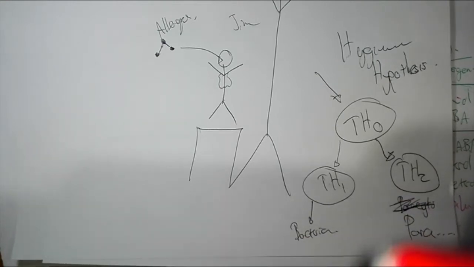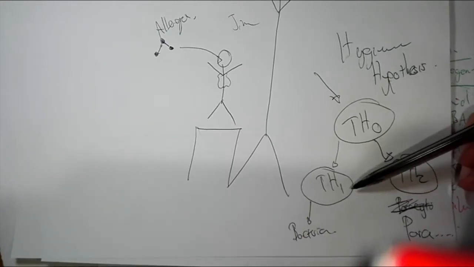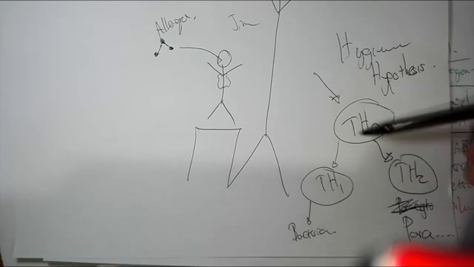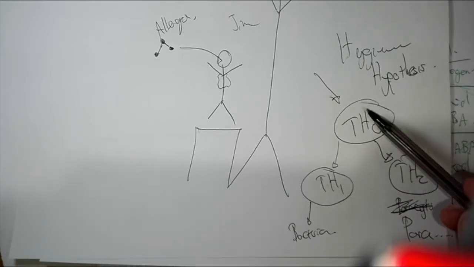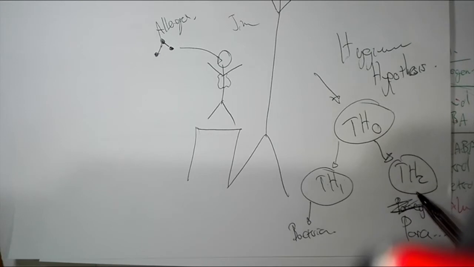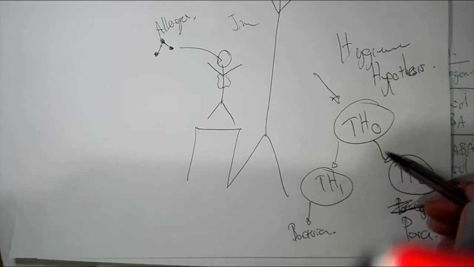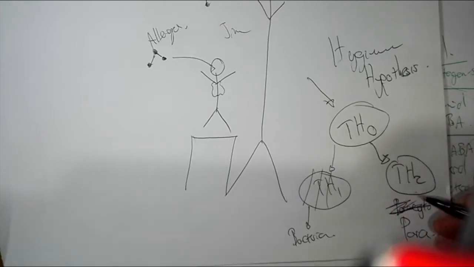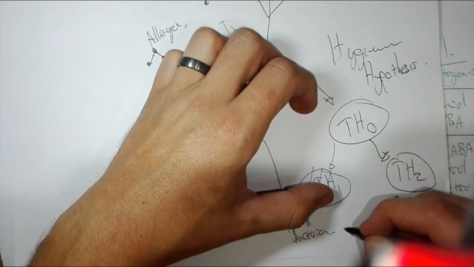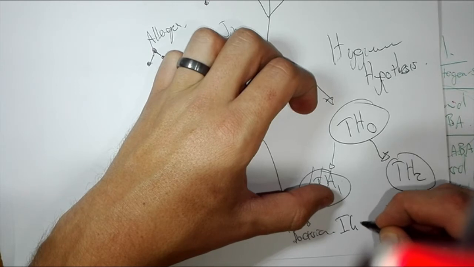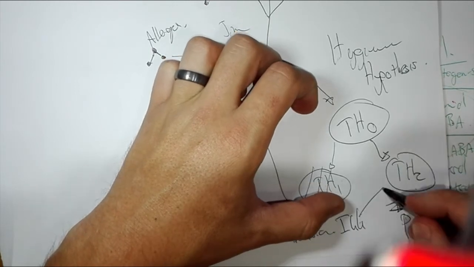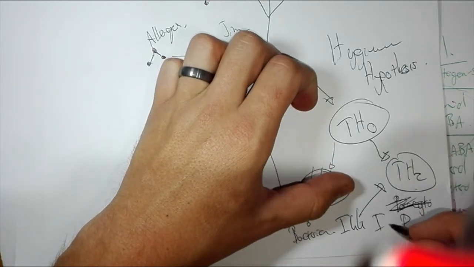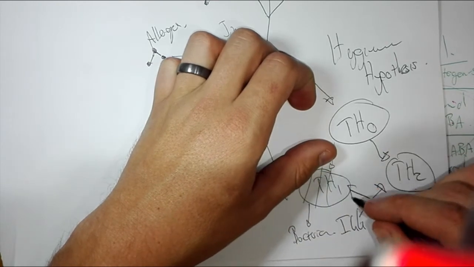So the theory goes, the less exposure you get to bacteria while you're young, the more likely you would form a Th2 cell. And you can see they're both going from the same pathway. So if your body uses up the Th0 to make Th2 cells, you'll have fewer Th1 cells. And one of the things is eventually this pathway will lead to increased IgG. And IgG suppresses the effects of Th2, and IgE suppresses the effects of Th1.